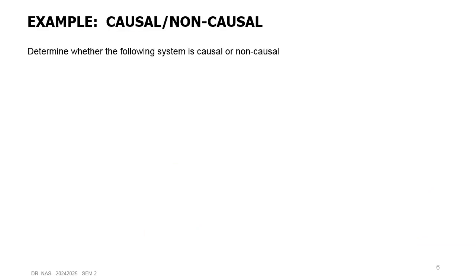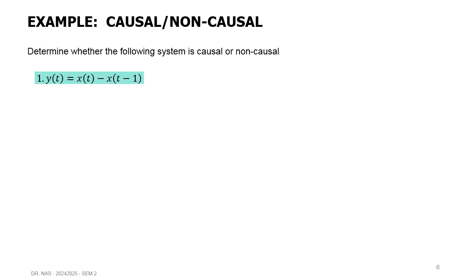Okay, let's look at a few examples of how to identify whether the system is causal or non-causal based on the given equation. So let's look at the first example, given by y(t) equal to x(t) minus 1. In order to determine the causality of the system, you need to consider at least three t values. The first one, negative values, then current state 0, and then the future state, maybe any positive values.